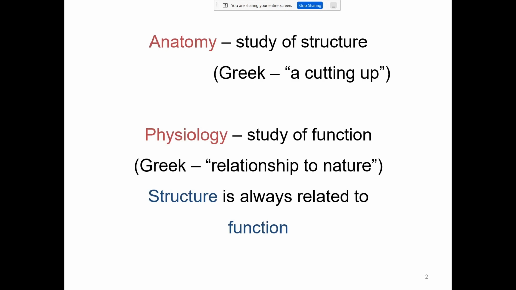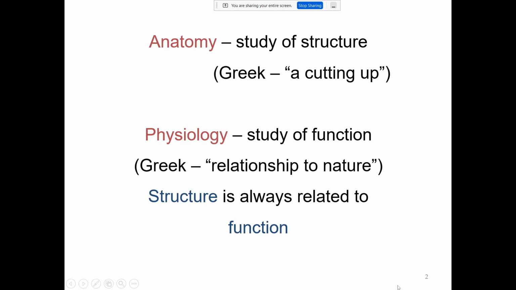The study of the structure means how it is, what its parts are, what its locations are, and how it is formed. Then how it will be utilized, what the use of that object is. That is usually taken as a functional concept. That is the study of function, physiology. The study of structure is anatomy.